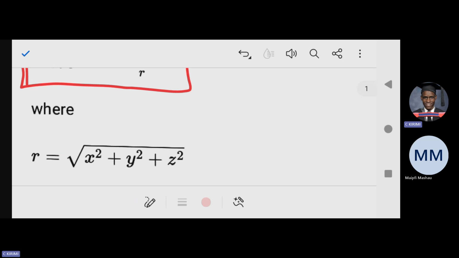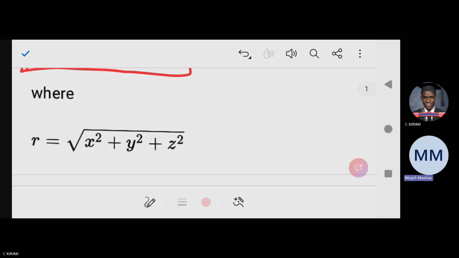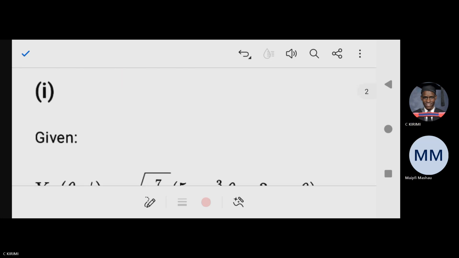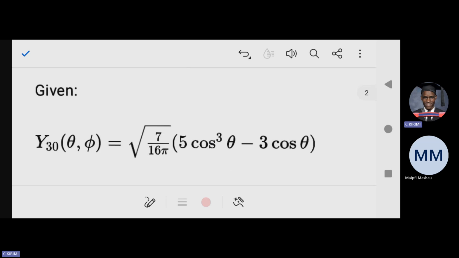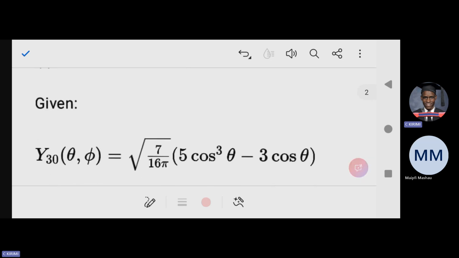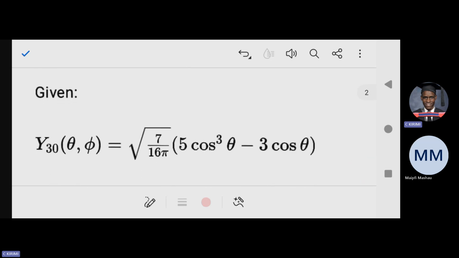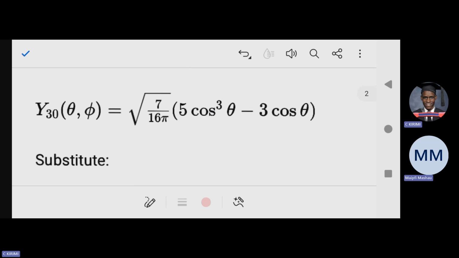Then we know r in 2D is just the square root of x squared plus y squared, but the radius in 3D is x squared plus y squared plus z squared, under the root. So what are we given? We are given that Y30 in terms of theta and phi is equal to 7 square root of 7 over 16 pi, which was number 1, times 5 cos cubed theta minus 3 cos theta.